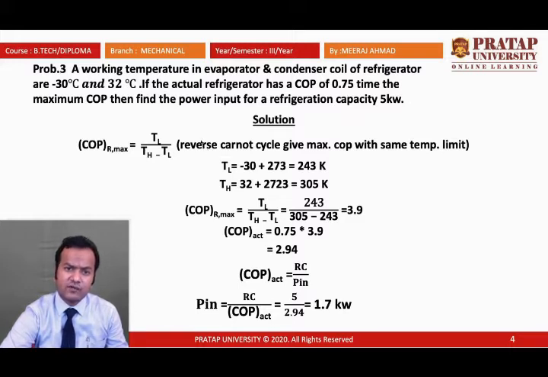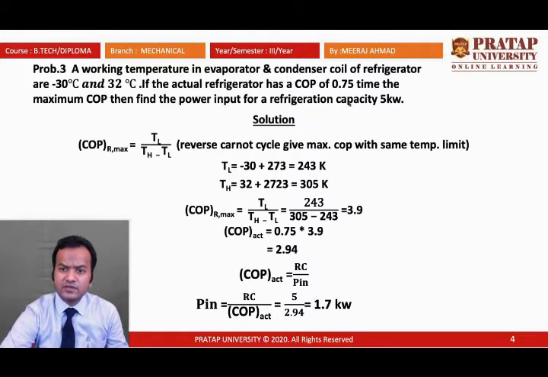After that, you have to find the actual COP: multiply the maximum COP by 0.75, then you get the actual COP. If the actual refrigerator has a COP of 0.75 times the maximum COP, then find the power input for the refrigeration capacity of 5 kilowatt.